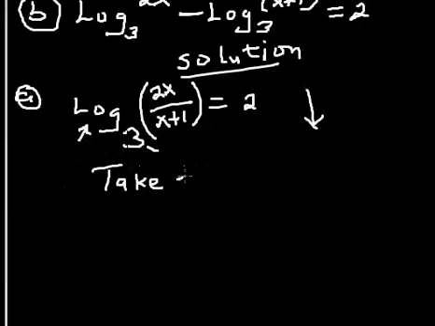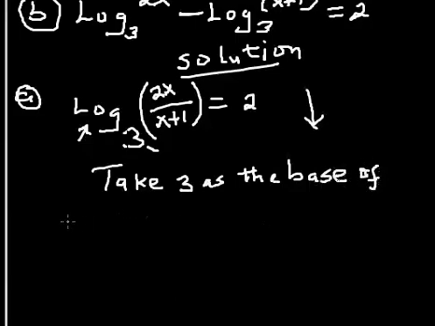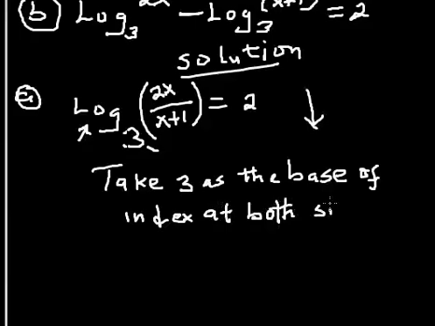Take 3 as the base of the index at both sides of the equation. I believe you understand what I mean, but I will explain. Take 3 as the base of the index.